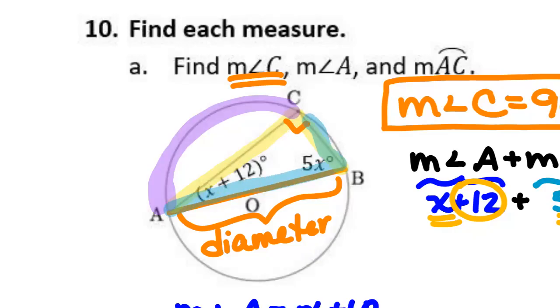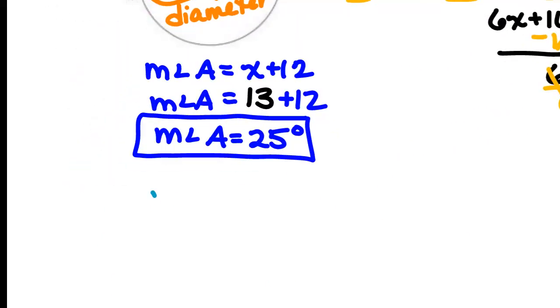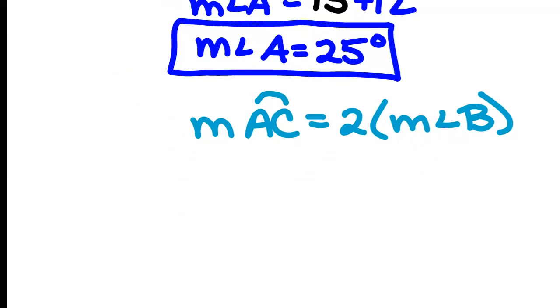Yes. Angle B intercepts that arc. Arc AC is twice as big as the angle that is intercepting it. So 2 times the measurement of angle B is equal to arc AC.